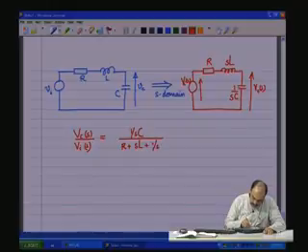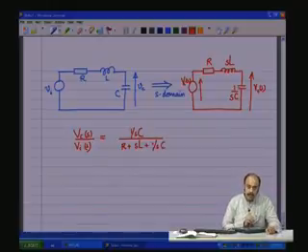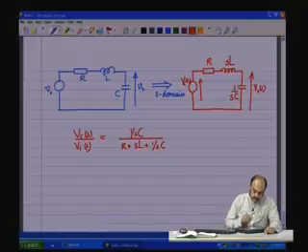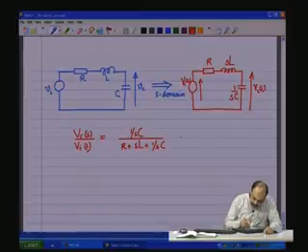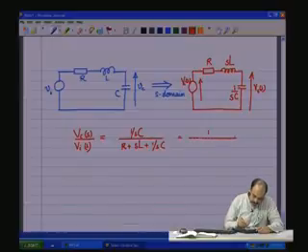This is like a normal analysis that you would do with a resistive network or a sinusoidal steady state network, and this is going to result in, if I make a slight simplification, 1 divided by S square L C plus S R C plus 1.